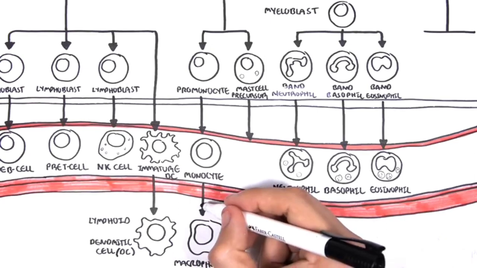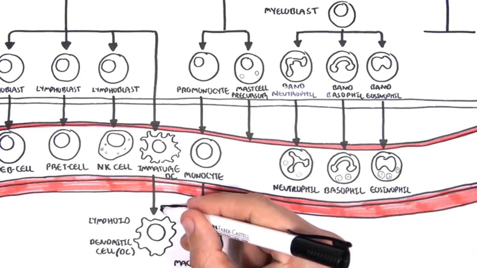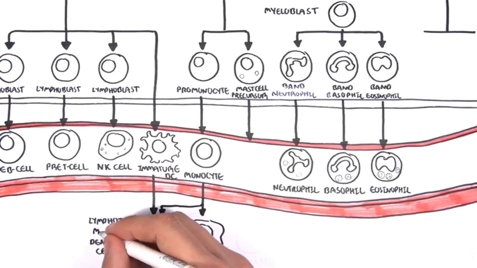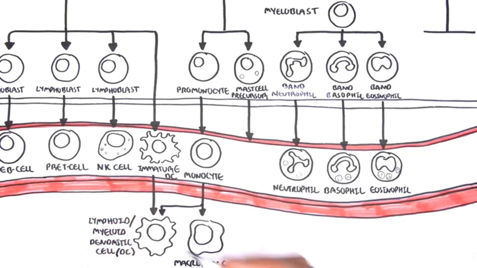The monocytes or pro-monocytes can also become dendritic cells, and if they become dendritic cells in tissues, they are referred to as myeloid dendritic cells. So again, we have two important antigen presenting cells, macrophages and dendritic cells.